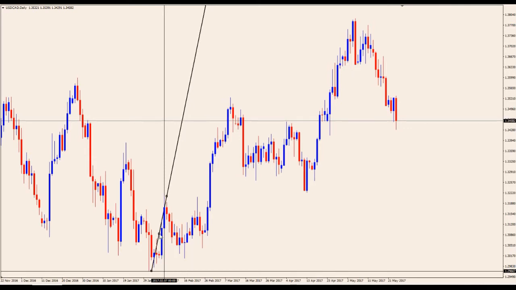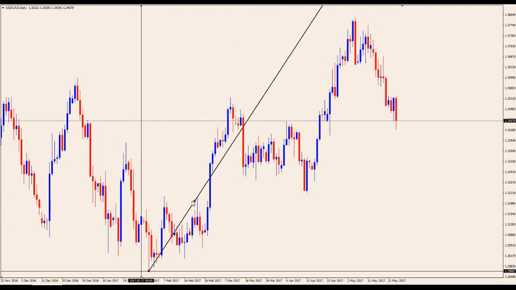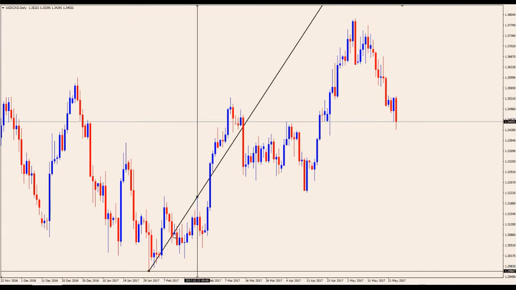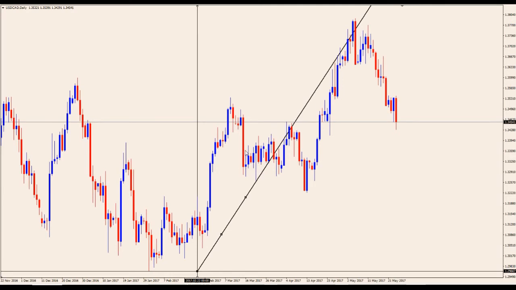Well, if we go back here to our starting point again and move it to this, we can see this is approximately equal, maybe a pip difference high right there. Move it like that and then move this like that. We see that when the market gets back to it right here, it changes behavior.